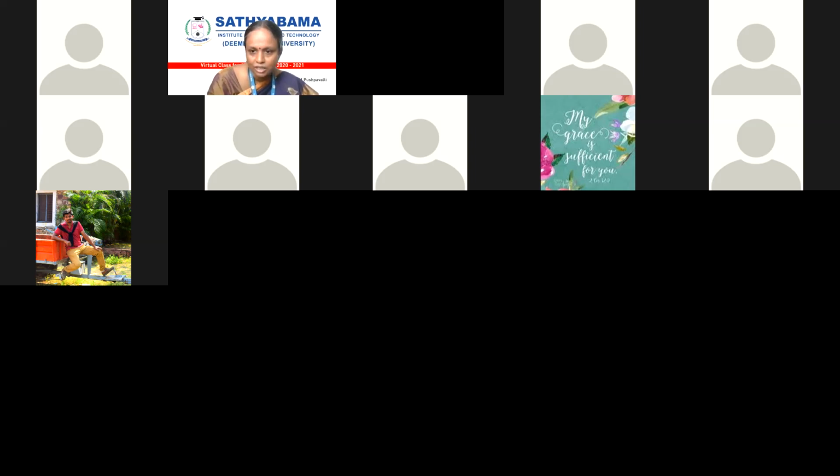Okay. 47 present, 48 is absent, 49 present, 50 through 54 present, 55, 56 are present. 57 present, 58 present, 59 present, 60 present, 61 present, 62, 63, 64, 65, 66, 67 present. 68 Rajamanikam absent, 69 present, 70 present, 71, 72, 73, 74.